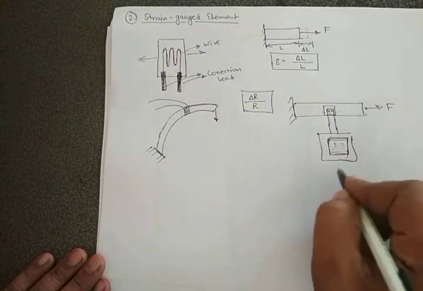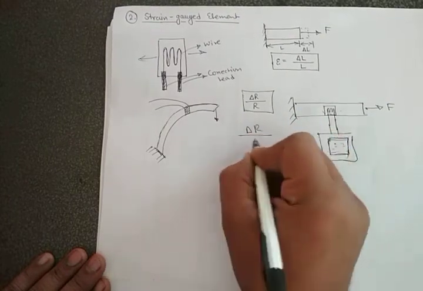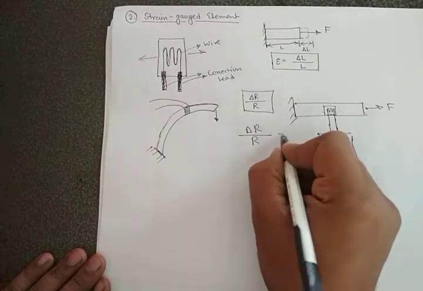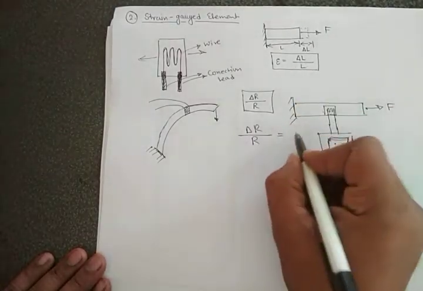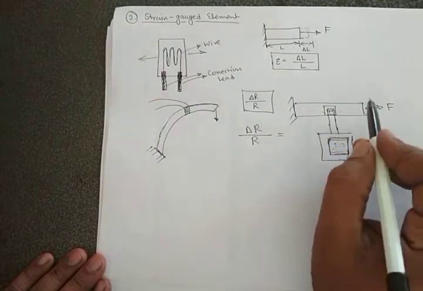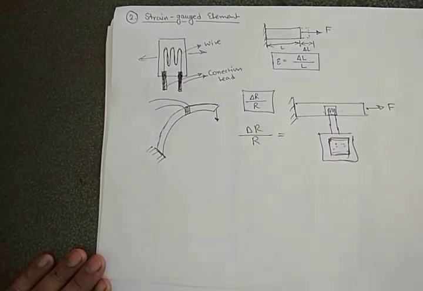Now when we observe that change in resistance, we can divide it by the original resistance, and we get the strain created in that body. This is how a strain gauge works.